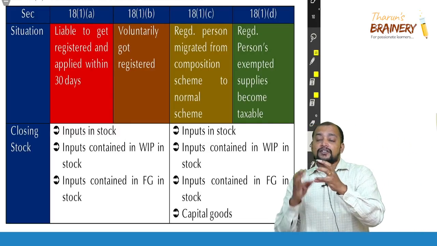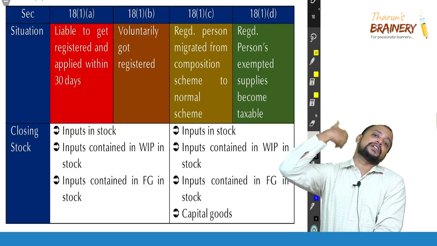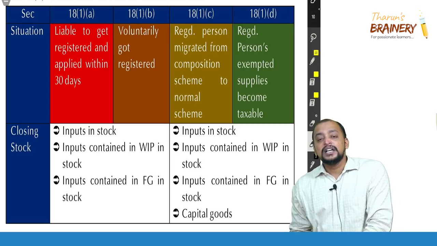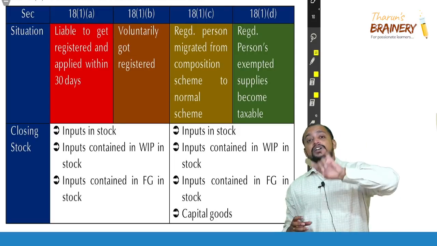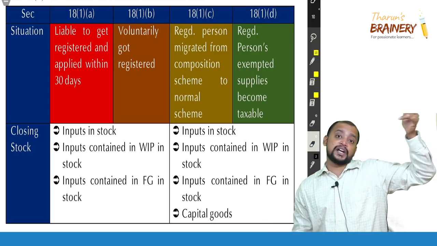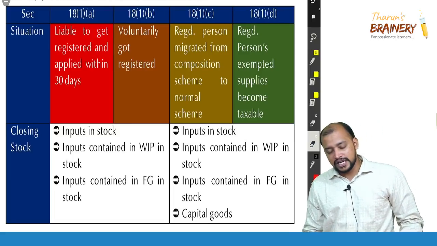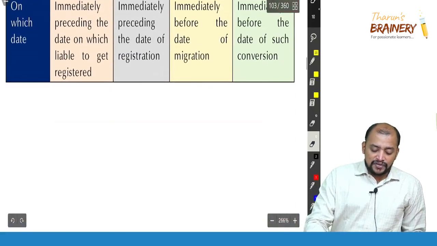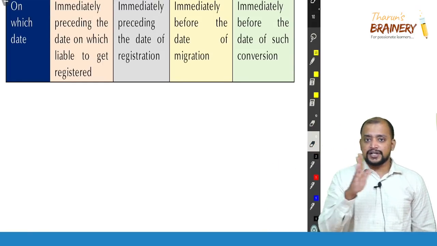In WIP closing stock, find the raw material content in the WIP, and on that raw material, whatever GST paid we can take as credit. Then in FG, find whatever FG is in the closing stock, find the raw material content in it, and whatever GST paid on that raw material we can take as credit. That is the meaning of closing stock here. And which date? Immediately preceding the date on which he is liable to get registered.